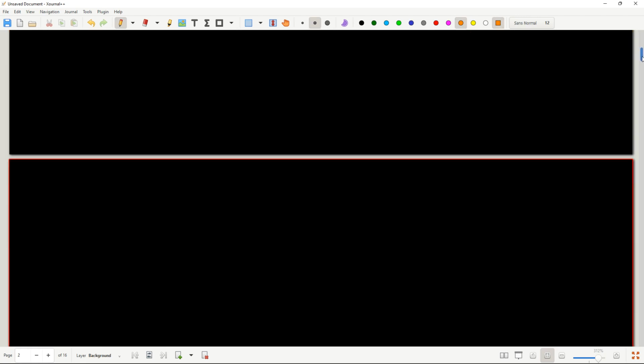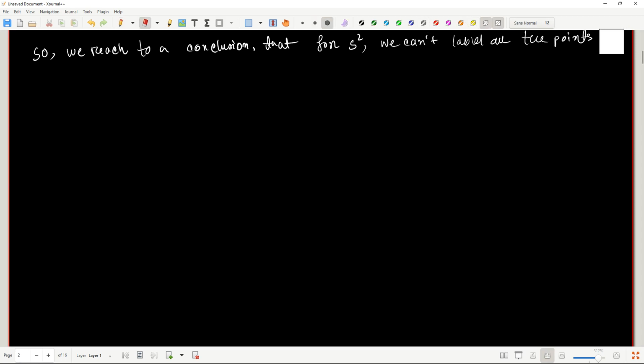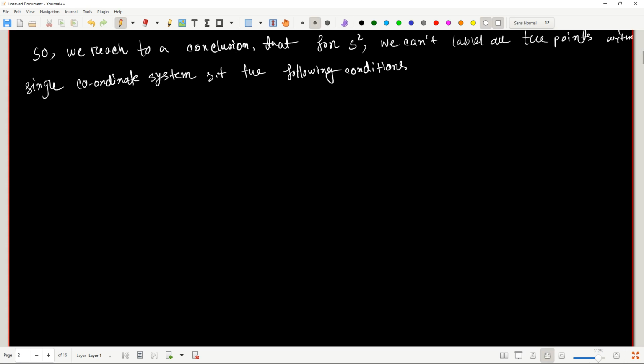So let me write it down. We reach a conclusion that for the sphere that we're talking about, we can't label all the points with a single coordinate system such that the following conditions are satisfied.